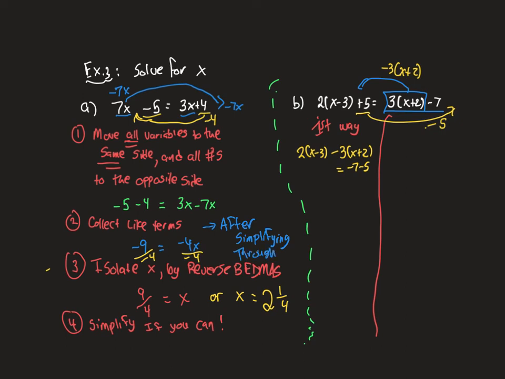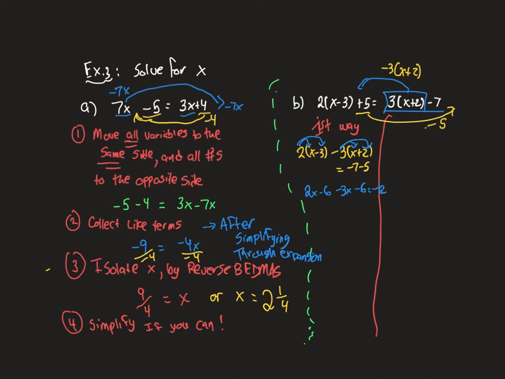Through expansion. Alright, so this 2 has to go in, you gotta distribute, you gotta go all Pokemon Go here, so that's going to give you 2x minus 6 minus 3x minus 6 is equal to negative 7 minus 5, which is negative 12.